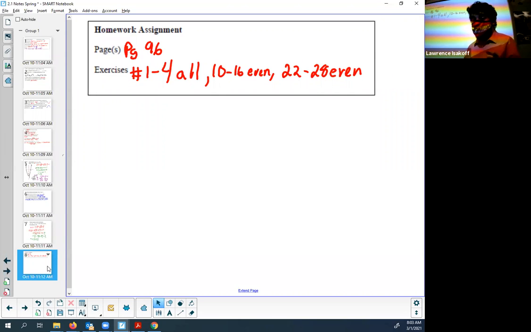So please make sure, if you were downloading it and just constantly using that downloaded file, you download the next one. If you were just clicking on the one I post, you're fine. So we're going to do page 96, 1 through 4 all, 10 through 16 even, and 22 through 28 even. So please, I know we have about 10 minutes left. You could give that a try.